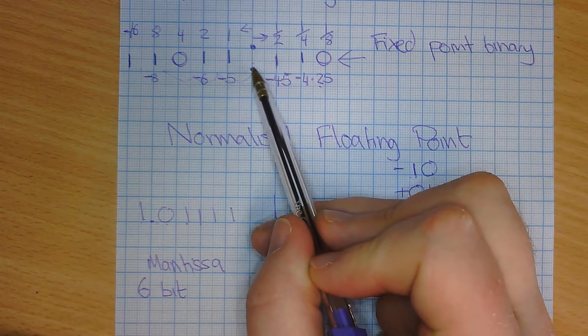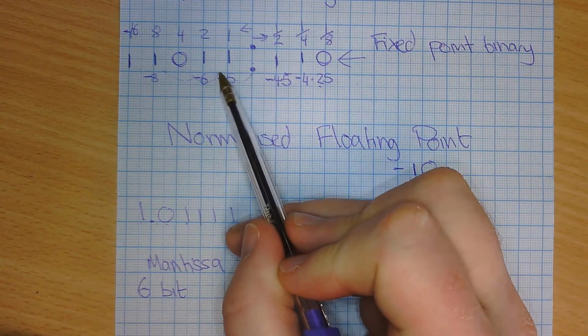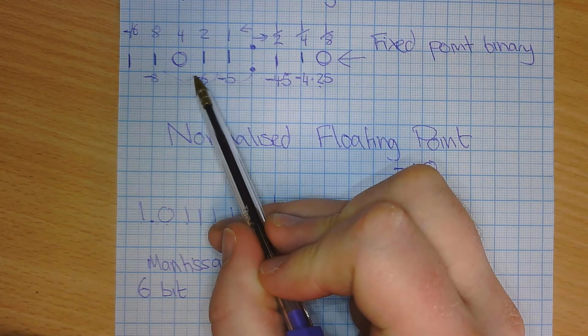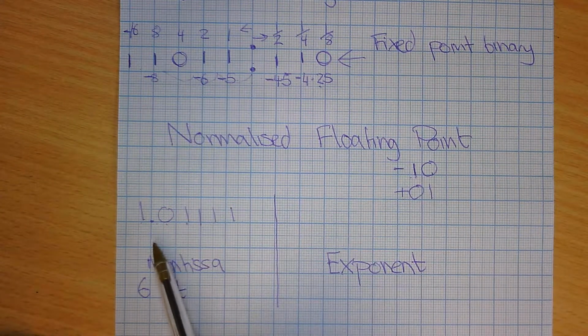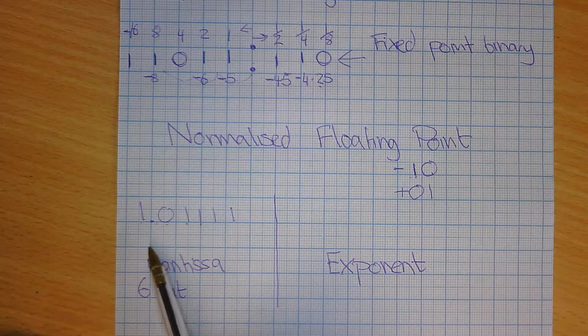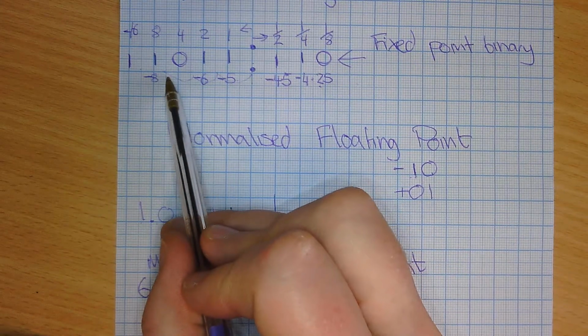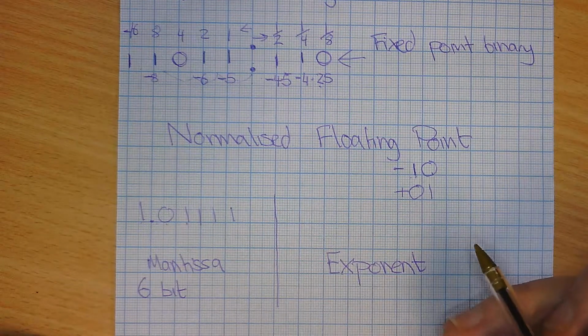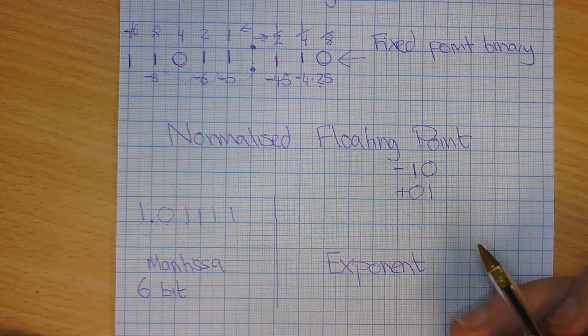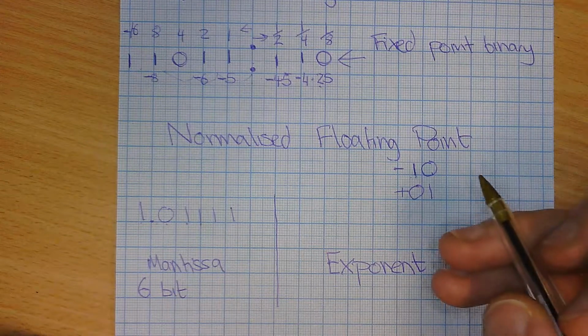I move my binary point once to the left, twice to the left, 3 times to the left to create this number. That means to recreate the original number, I will need to move the binary point 3 places to the right. So I will have a positive exponent value because it's 3 to the right, that's plus 3.